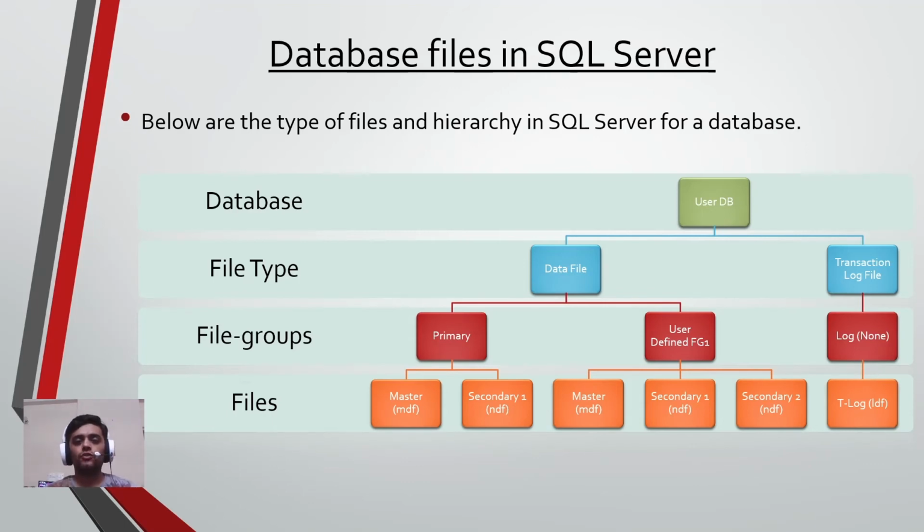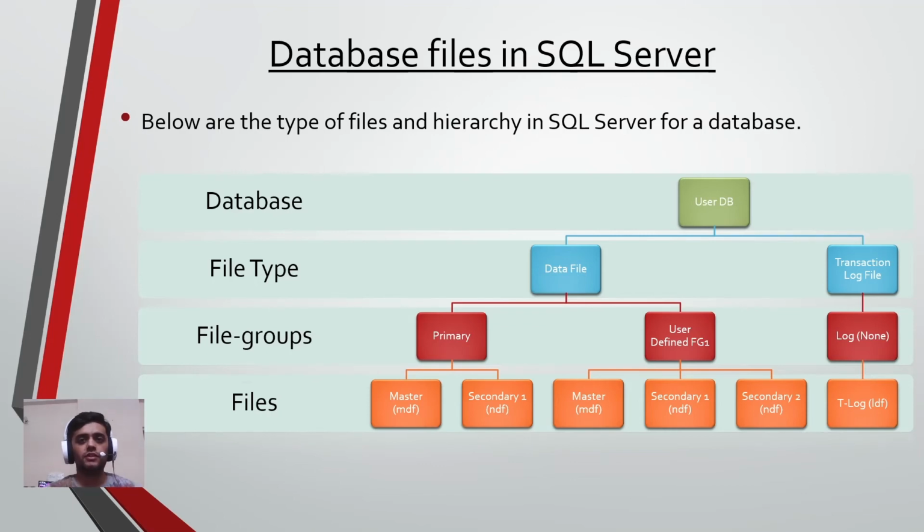By default, when you create a database, the first file group which gets created is your primary file group. And of course, because it is the first file group, it is also your default file group. The default file which is created is known as the master file, the single file which gets created. So one data file and one transaction log file get created with each database.